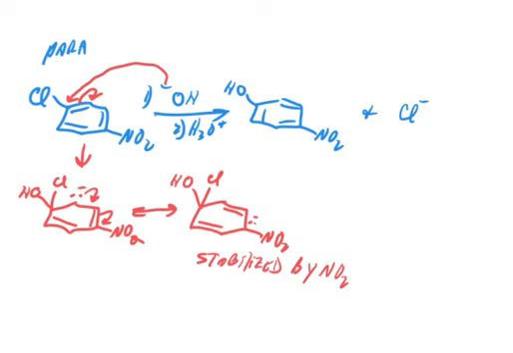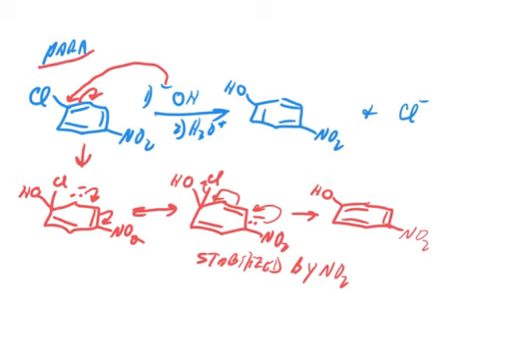Right? And I could show the elimination, form the double bond, kick out my leaving group, and I re-aromatize to give the substituted product. All right, so we can see that the ortho and para give these nice stabilized intermediates.